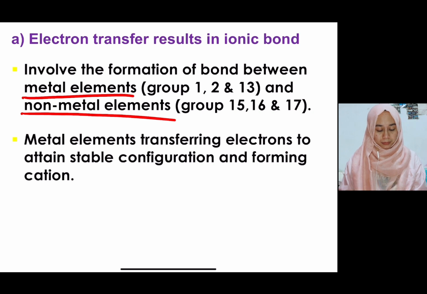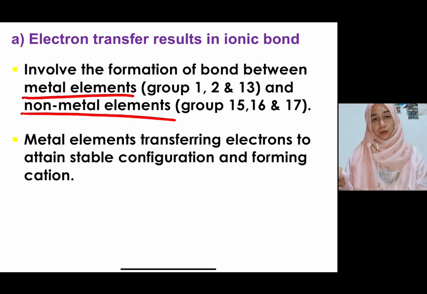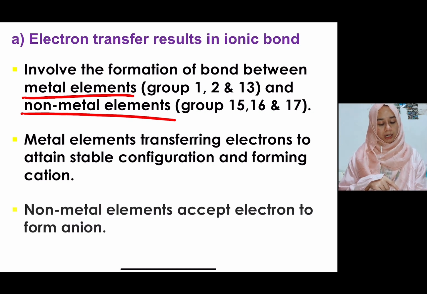Okay, so metal elements transfer electron to attain a stable configuration and forming cation. Itu adalah untuk metal. Dia akan transfer in order untuk dia gain a stable electronic configuration and dia akan form cation. Meanwhile, kalau non-metal pula, dia accept electron in order untuk achieve octet. Okay, and then they form an ion.